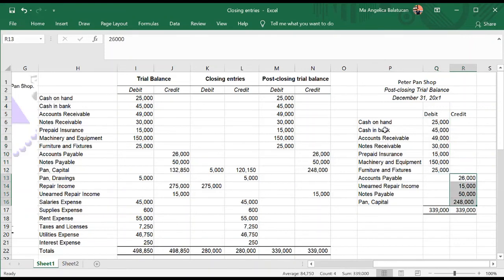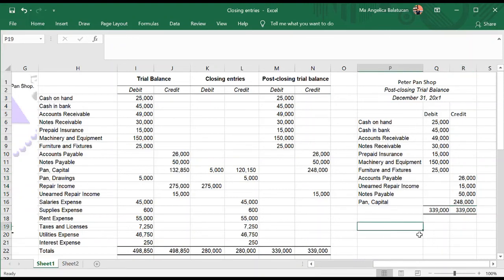So the beginning balance for the cash on hand would be 25,000. That's on January 1. And the same goes for the rest of the accounts. So this will be the opening balance in the following year.